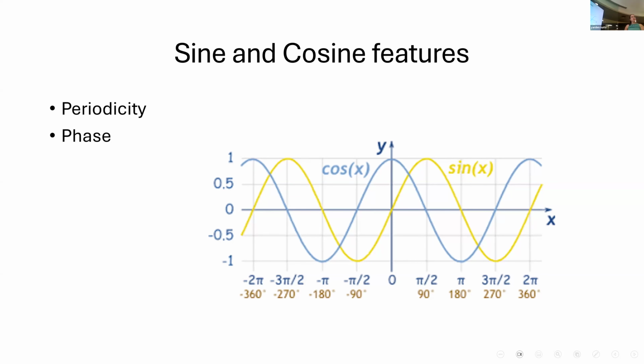Time zero could be the second that I started the recording, but this is quite random, right? So another way is to say that where time zero is, is the phase.